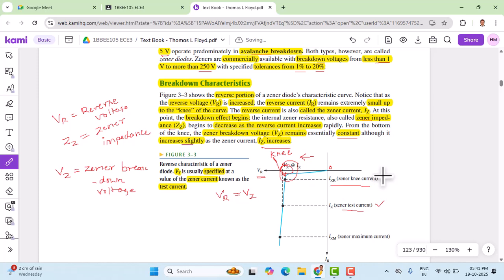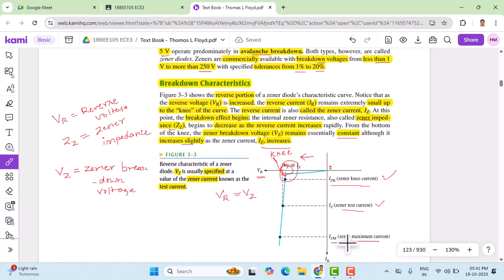Below IZK, we don't see any constant voltage across the Zener diode because the current is very small. Normal moderate operation is at IZ, and the upper range is IZM, the Zener maximum current.